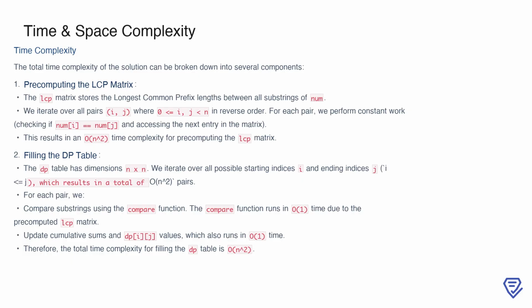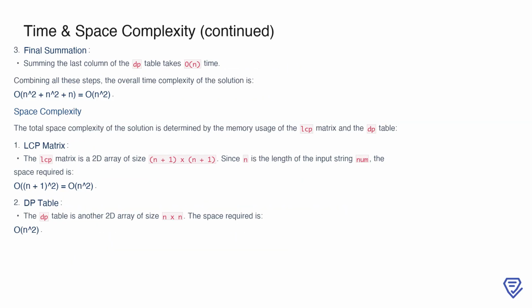Altogether, filling the DP table also results in a time complexity of O(n squared). The final step in the solution involves summing the values in the last column of the DP table. Since this operation only requires iterating through n elements, it runs in O(n) time. When we combine all of these steps, the overall time complexity of the solution becomes O(n squared plus n), which simplifies to O(n squared).